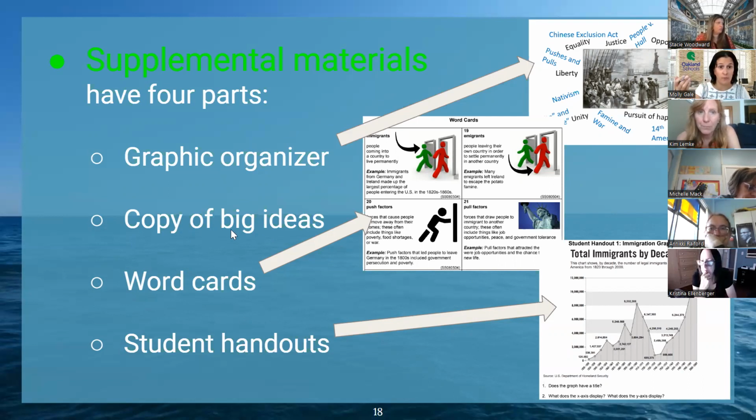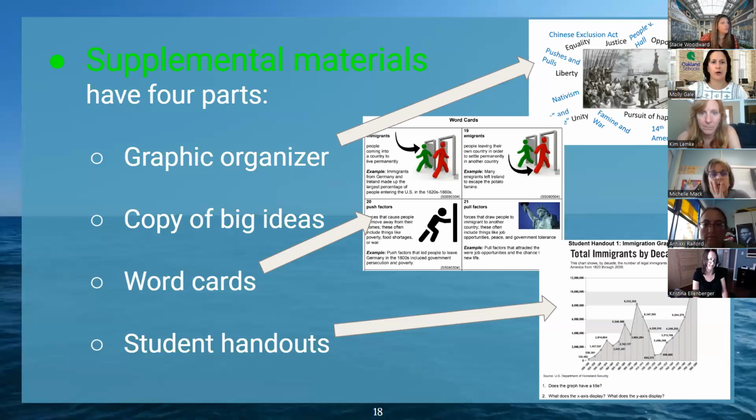So that would be if you want to print out a copy or share it digitally with students, the big ideas of the lesson. There are word cards included in every lesson plan, and they build sequentially over the course of the unit. So lesson 1 will start with word card 1 and build. And then when you move to the next unit, the numbers start over. So unit 2 will restart with word card number 1. And we'll come back to those in just a second as well.